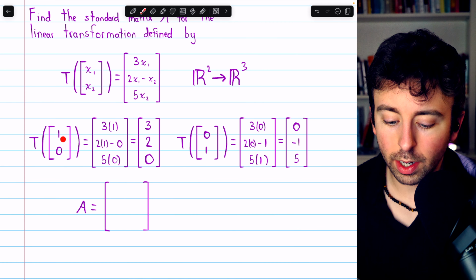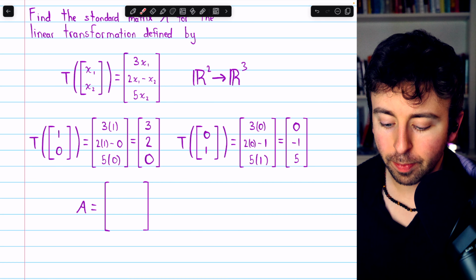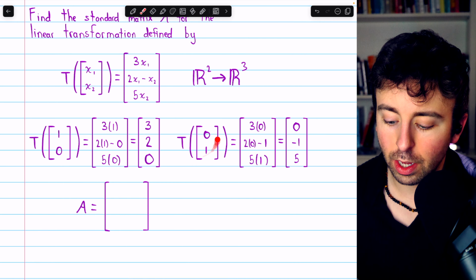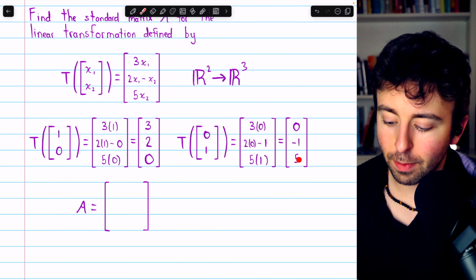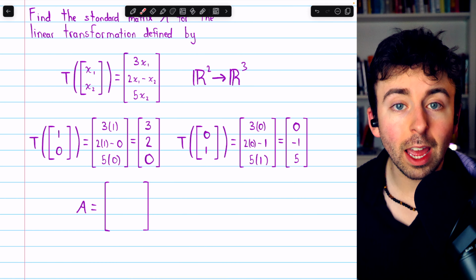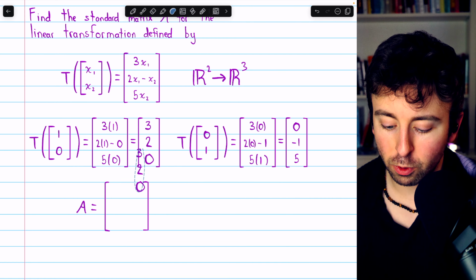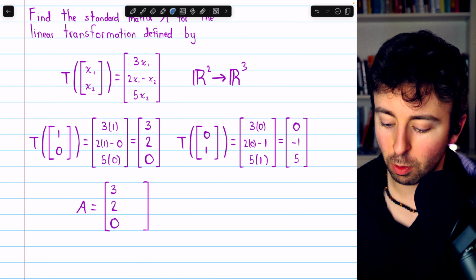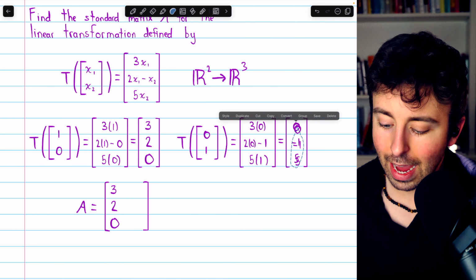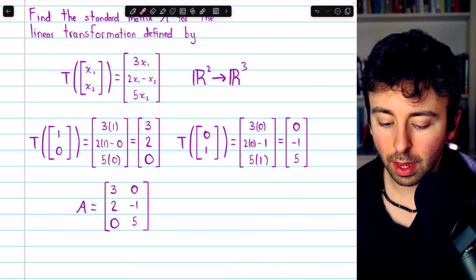If we plug (1, 0) into the transformation, we get this column vector here. And if we plug (0, 1) into the transformation T, we get this column vector here. These 2 columns can be used to produce our standard matrix. So our standard matrix has 3, 2, 0 as its first column, and 0, negative 1, 5 as its second column.